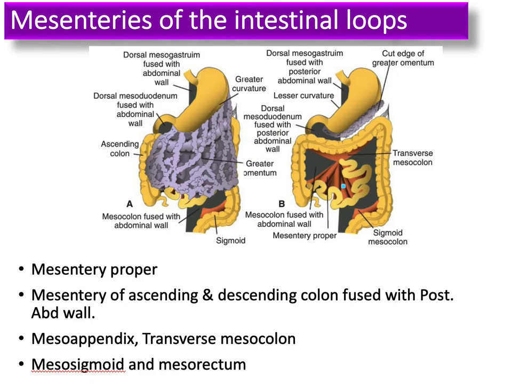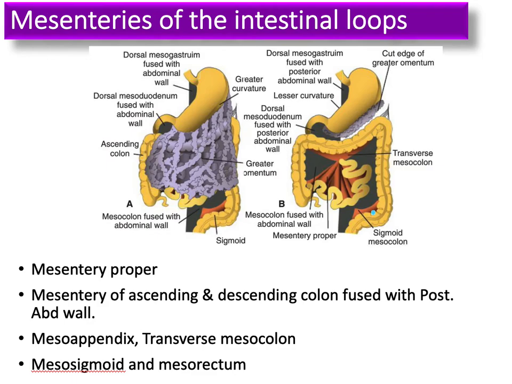Also, they have mesentery. We call them mesentery proper. The ascending and descending colon fused with the posterior abdominal wall, so you have to forget the story of mesentery for both of them. But the transverse colon still has a mesentery, which we call transverse mesocolon, and the sigmoid still has freedom to move and has a mesentery.